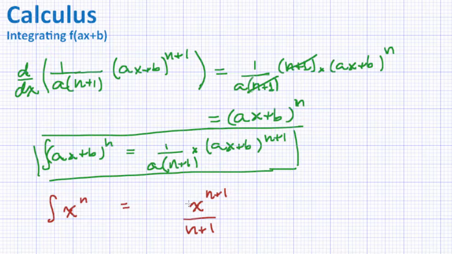So once again, x here is replaced by ax plus b, and down here n plus 1, n plus 1. So the only change, once again, is the 1 over a. It's important to notice that in this case, n has to be different than 1. Otherwise, we would end up using the natural logarithm.